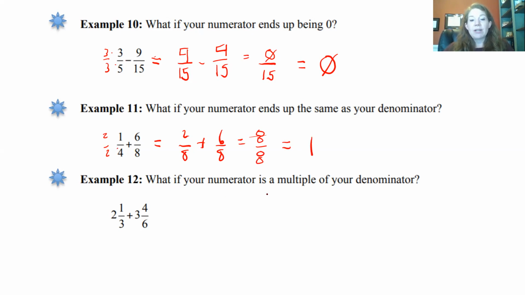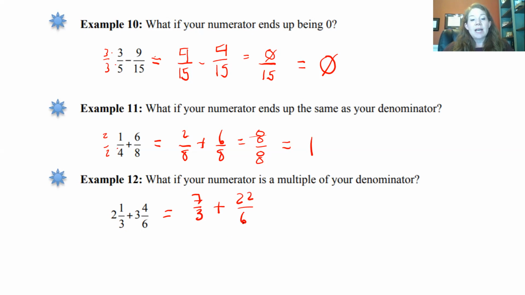What if your numerator is a multiple of your denominator? All right, so let's see what that means. Well, first of all, let's make these mixed numbers into improper fractions. So we're going to multiply 3 times 2, add 1, you get 7/3, plus 6 times 3 is 18, and 18 plus 4 is 22/6.